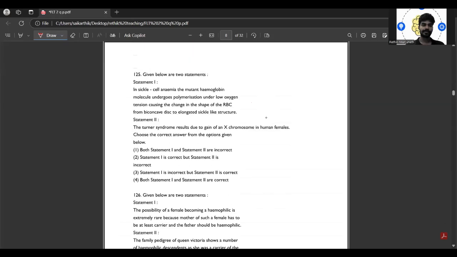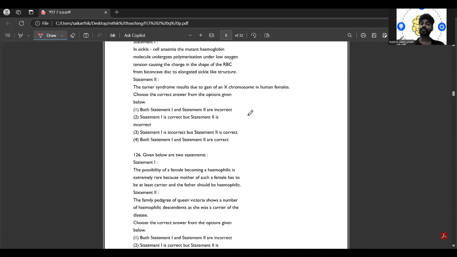Okay. So next we have 125 here. Statement one they have given: in sickle cell anemia, the mutant hemoglobin molecules undergo polymerization under low oxygen tension, causing the change in the shape of the RBC from biconcave disc to elongated sickle-like structure. And statement two says that Turner syndrome results due to the gain of X chromosome in human female.